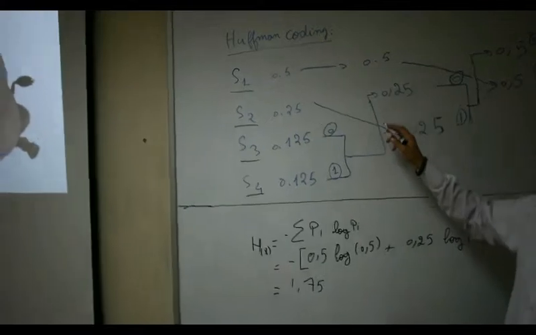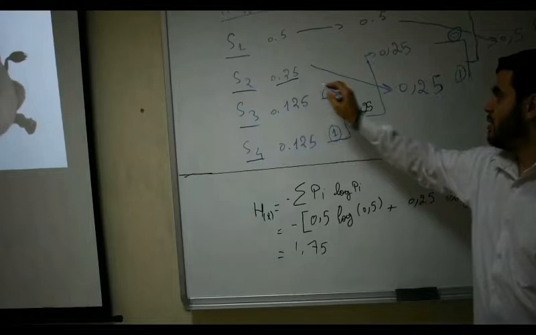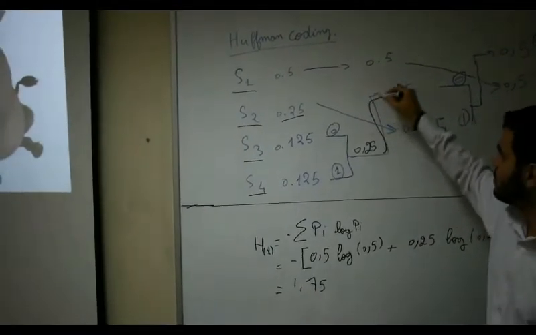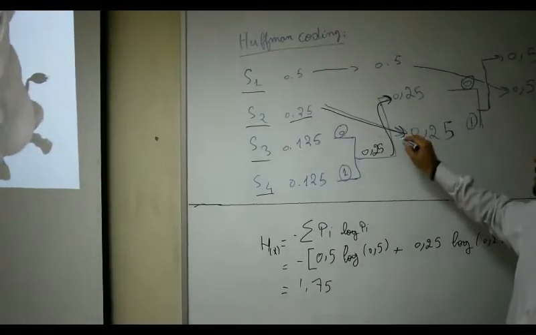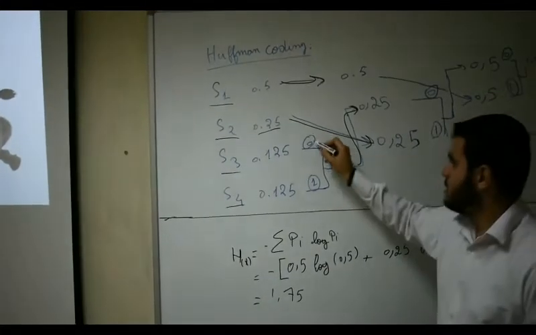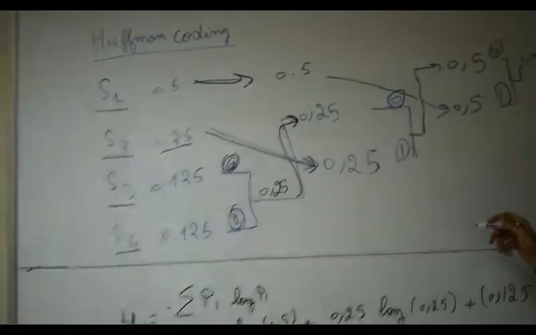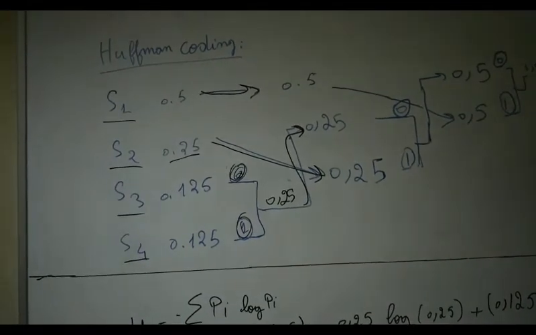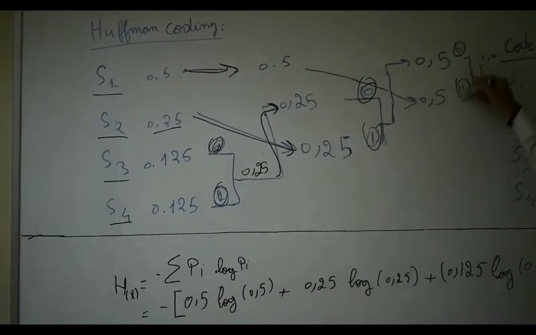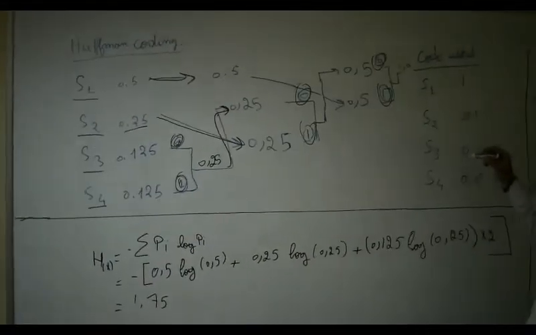In this case we have the same number, 0.25 and 0.25, so we will put the new one first. And the second one, and we put 0, 1. And we will do the same process for the last numbers, we put here 0, 1, and we get here 0, 1.